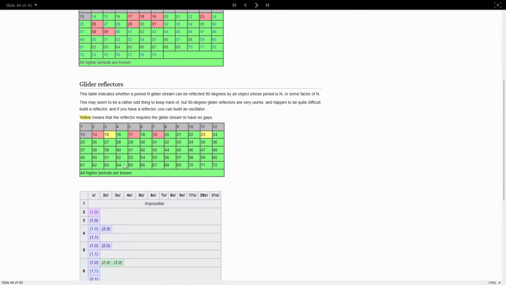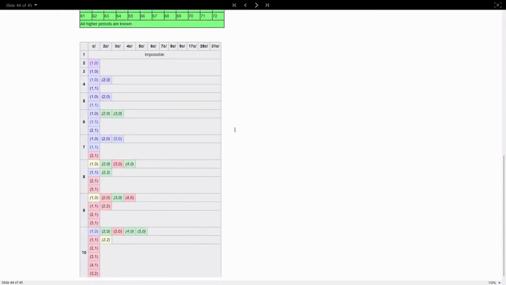Glider reflectors are another thing that has a few unknown items. I imagine I could use the new glider gun to produce a new glider reflector with a true period 14. It just hasn't been done yet. And there's these red items here, which are various spaceships that are unknown yet.